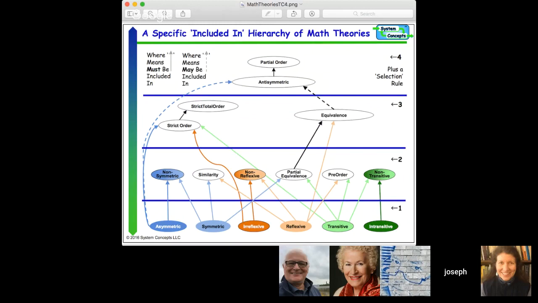So all they did here was put the names of the basic logical properties, the basic bricks, at level 1, and then we combine those in twos and threes. So you have two properties in level 2. It's only pairs of properties, and the last property.